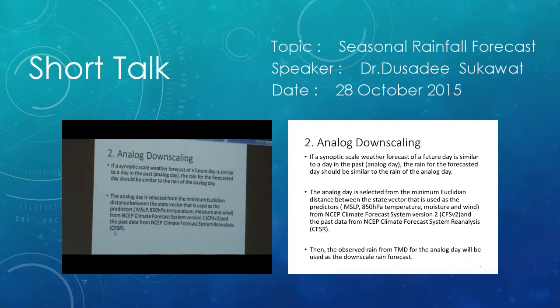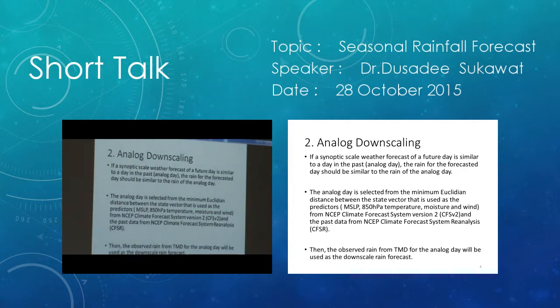Why don't I use the Thai data? Because Thailand's climatological data only covers Thailand. In this method you have to look for patterns that cover not only Thailand but also the surrounding area, so I have to use the global climate data.